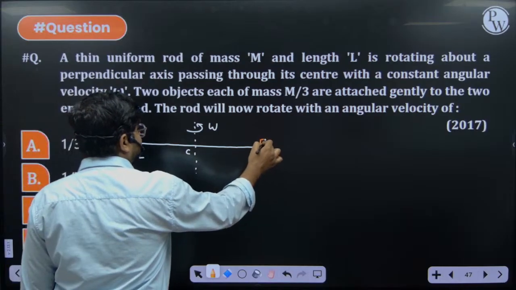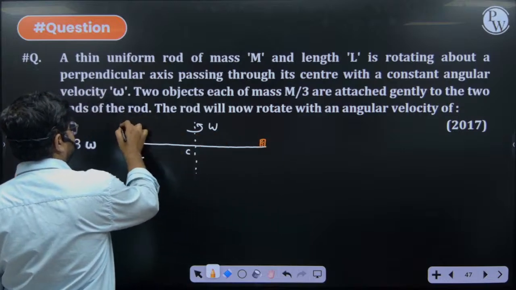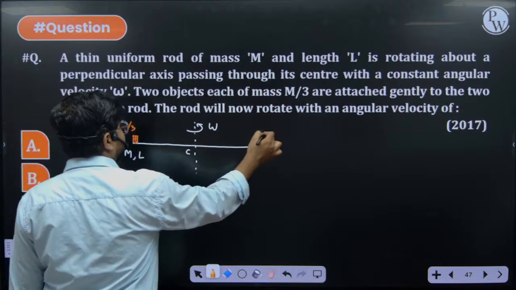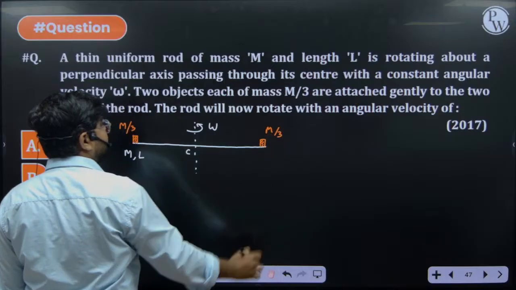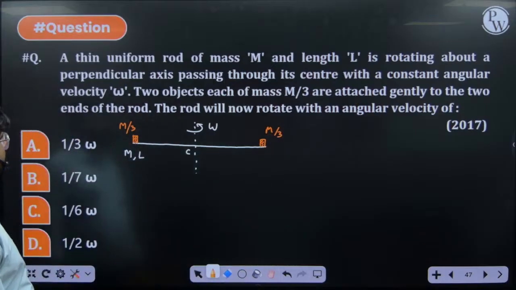Two objects each of mass m by 3 are attached gently to the two ends of the rod.